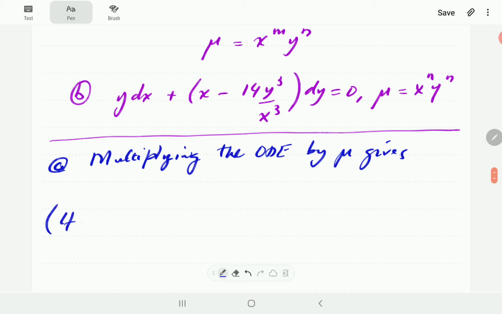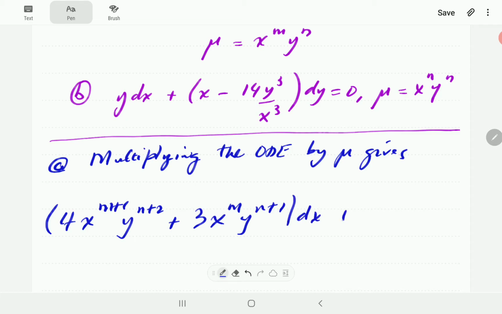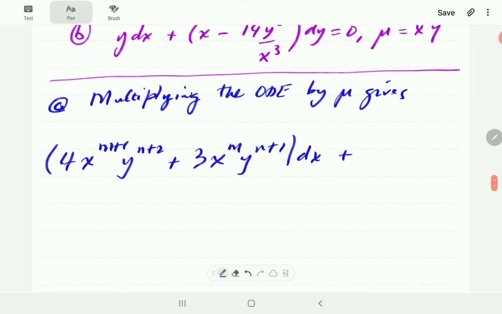So the equation is going to be (4x^(m+1) y^(n+2) + 3x^m y^(n+1)) dx.